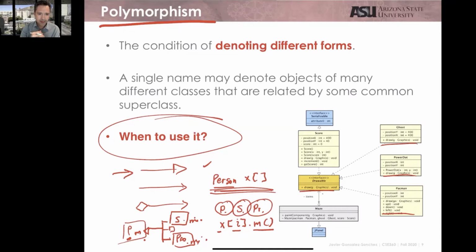It's the same idea. Remember, for the question in the chat about interfaces, what you have in an interface is basically a class that is not providing a body for a particular method. So if I make person an interface, the only thing that I have is this method empty.